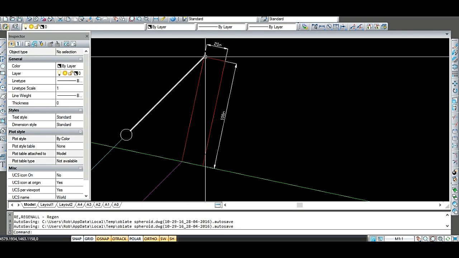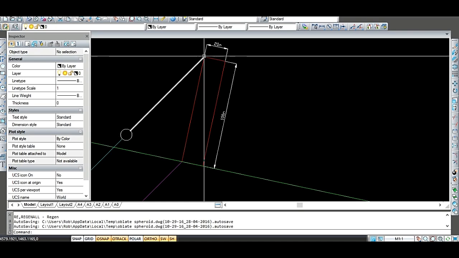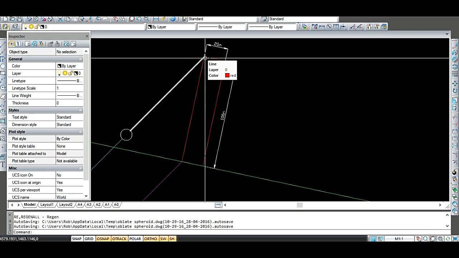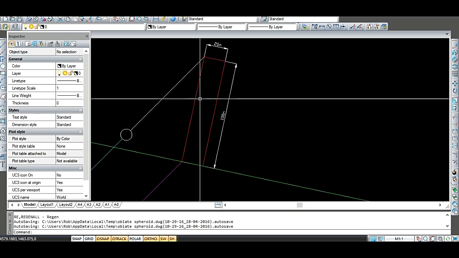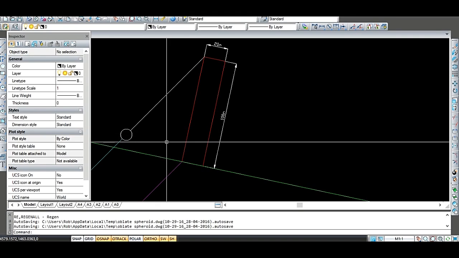I then drew a line from the top of the building, simulating somebody standing on the roof and holding a plumb bob, observing which way the plumb bob would swing to pull itself to the centre of this exaggerated oblate spheroid Earth.